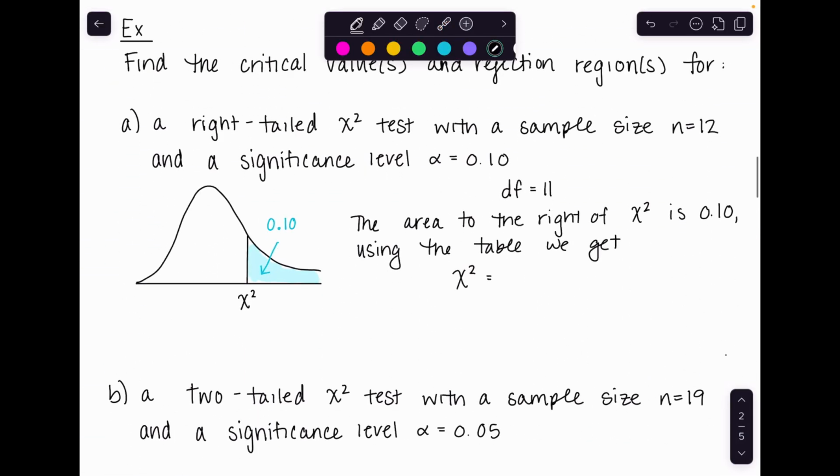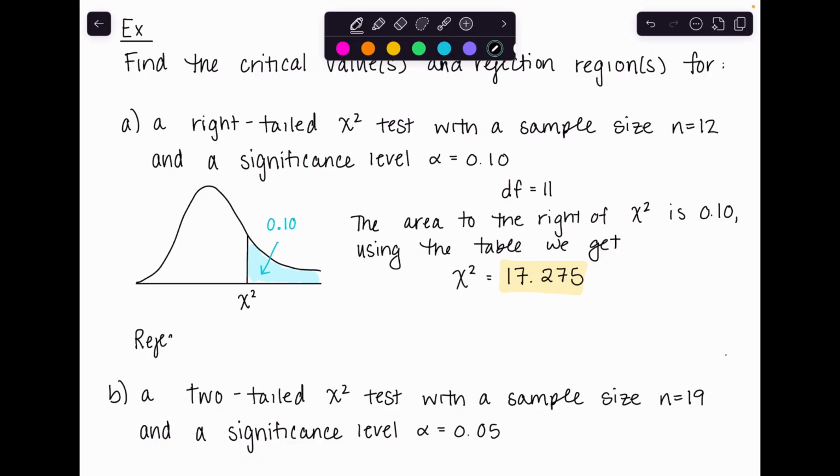So this value is 17.275. This is the critical value. That means if you get a test statistic that is bigger than this amount, you fall into that rejection region and you're going to reject the null hypothesis.